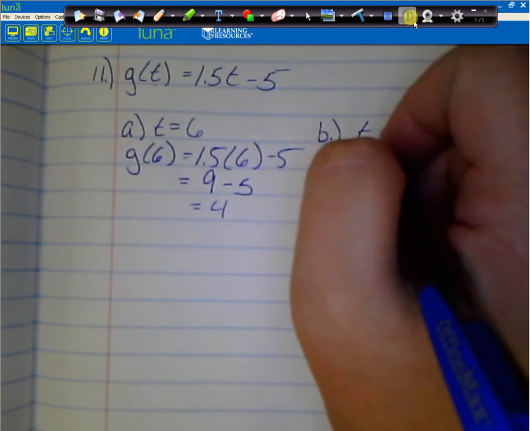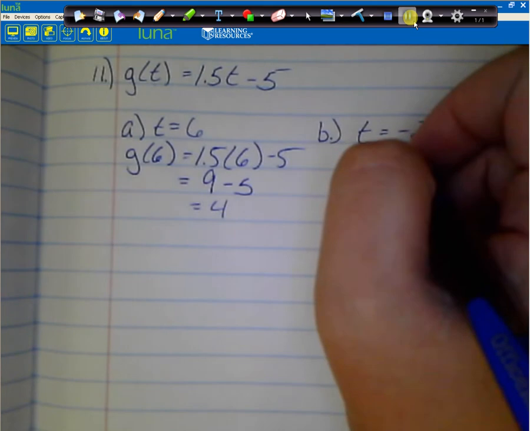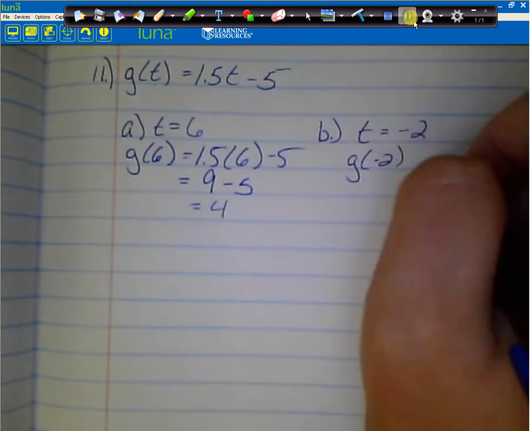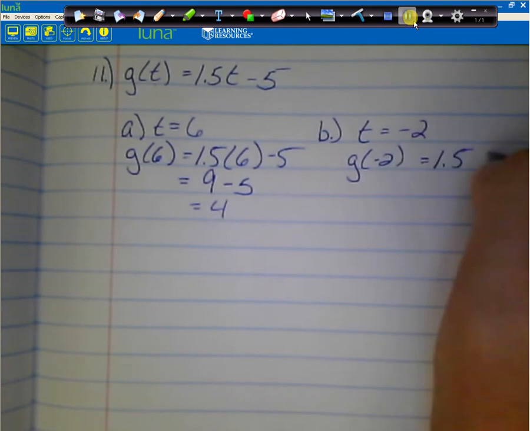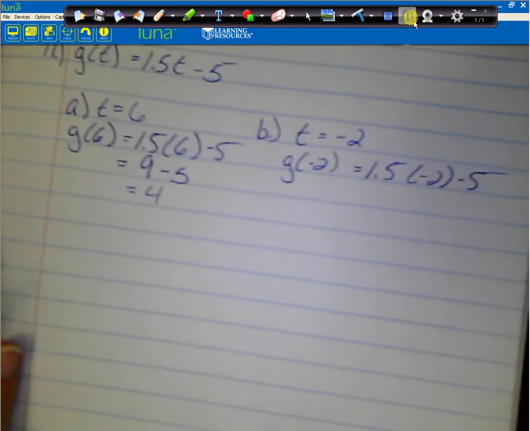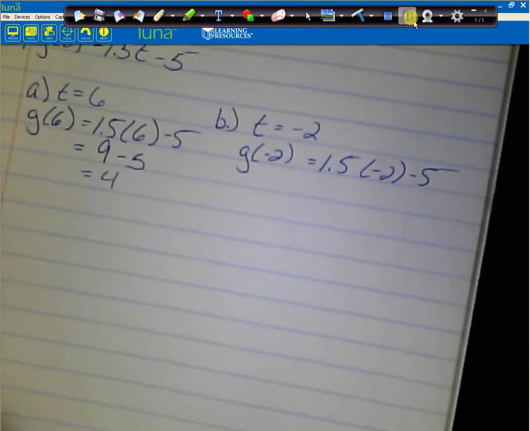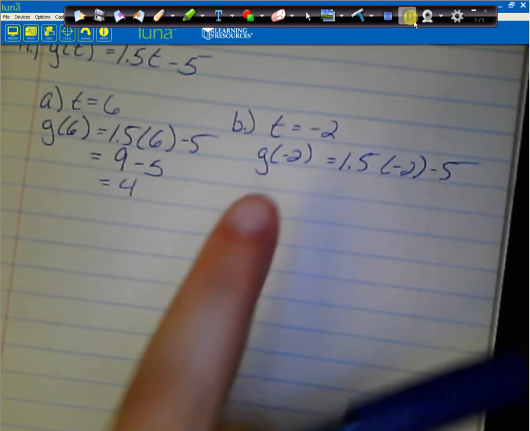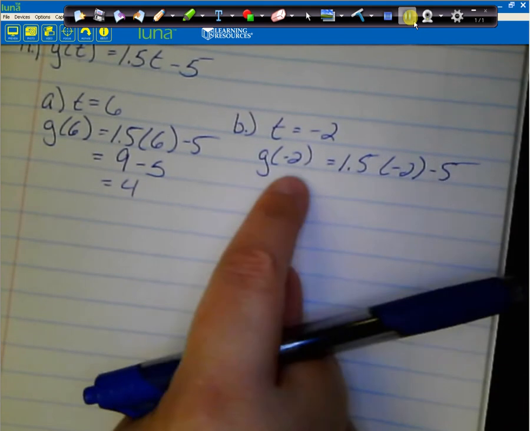Here we want to know what g of t is when t is negative 2. So everywhere I see a t, I'm going to plug in a negative 2. Let me scoot that over so that it's all on the screen there. Alright, so again, this part's just the name, function g evaluated at negative 2.